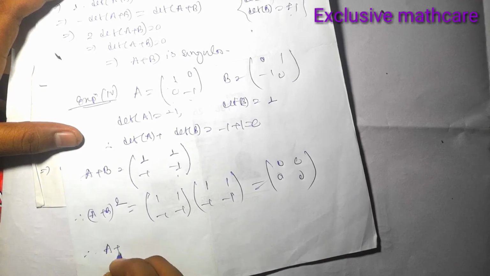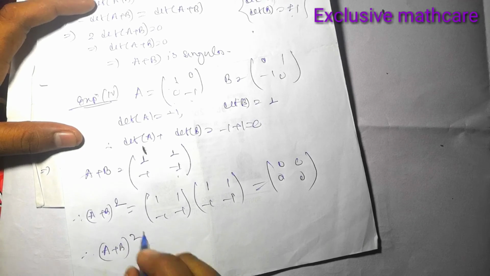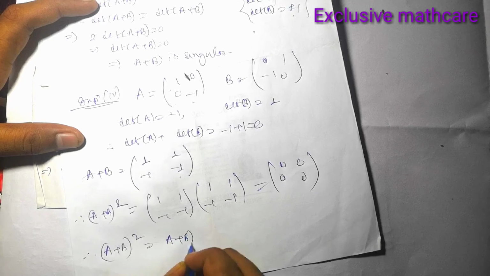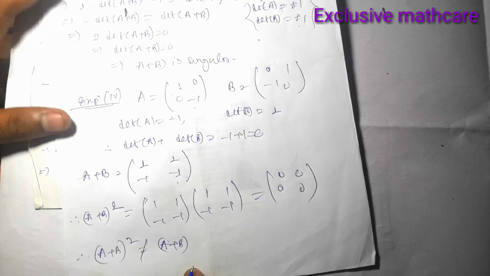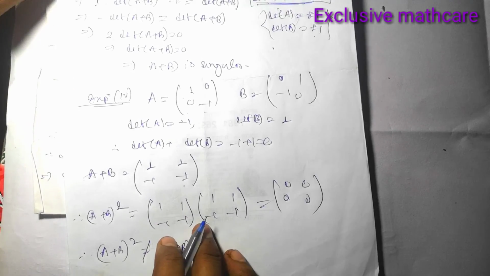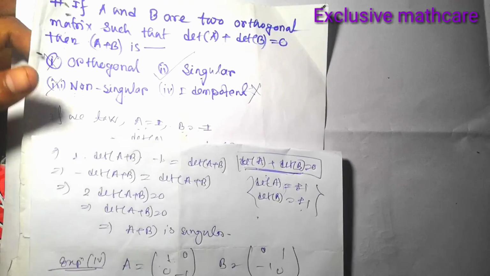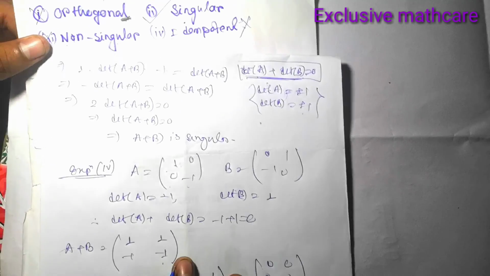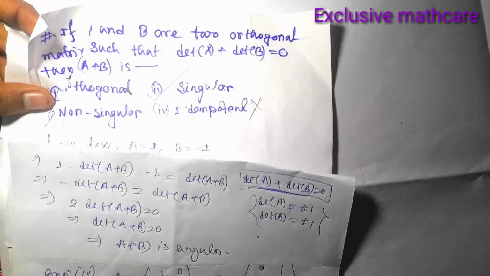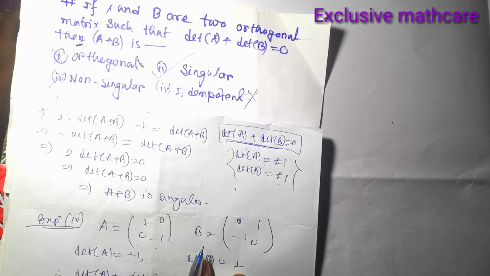So (A plus B) squared is not equal to A plus B. So A plus B is not idempotent. So this option is incorrect. See this counterexample. So only option B is correct.